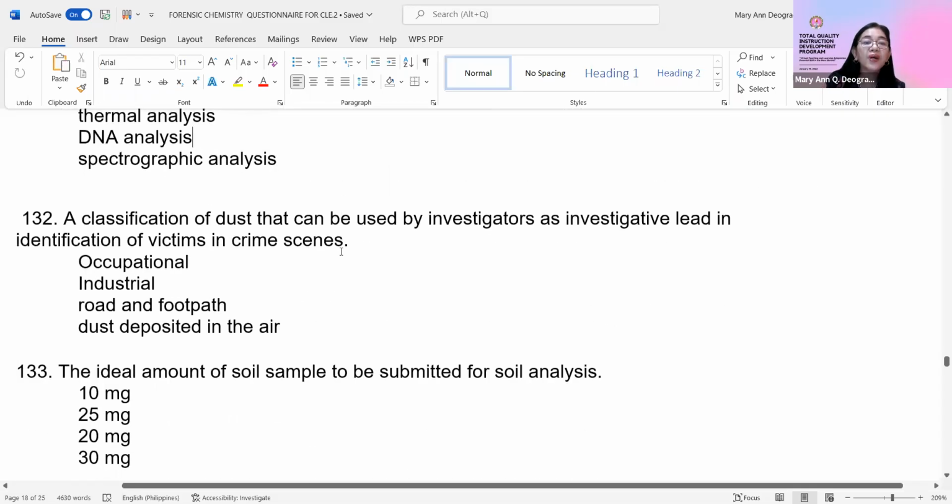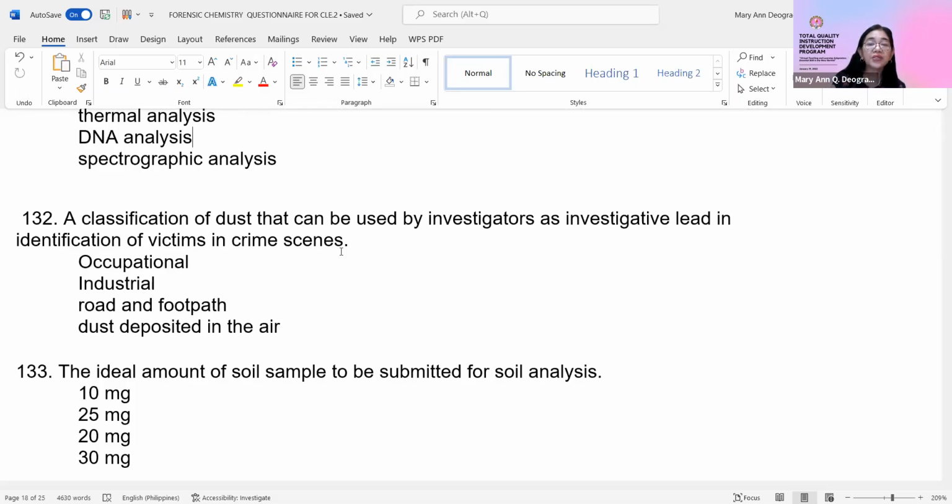All right. Number 132, a classification of dust that can be used by investigators as investigative lead in identification of victims in crime scenes. Is it occupational, industrial, road and footpath, or dust deposited in the air? Identification of victims. Okay, it is the letter A, occupational. Pag unidentified ang victim class, no?